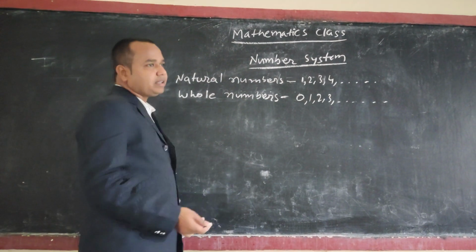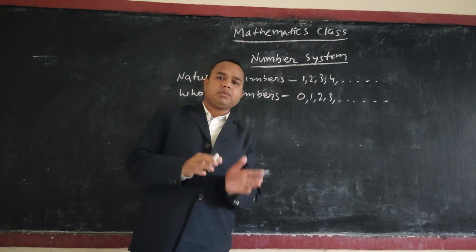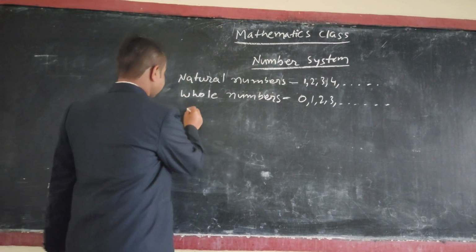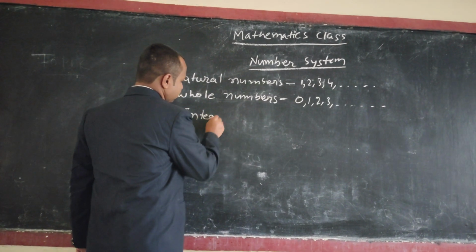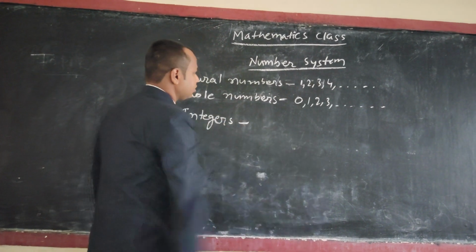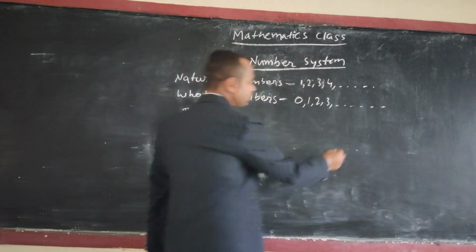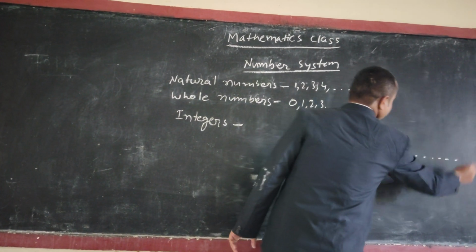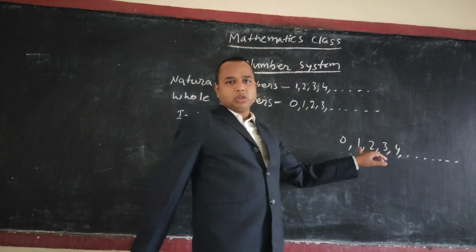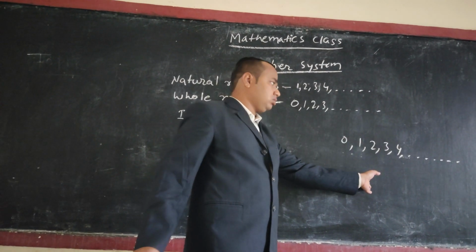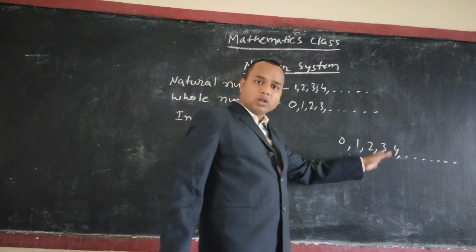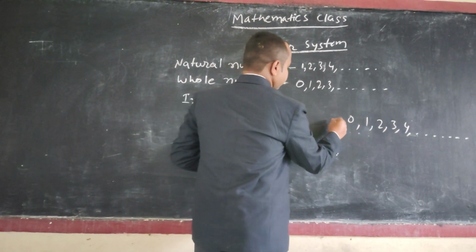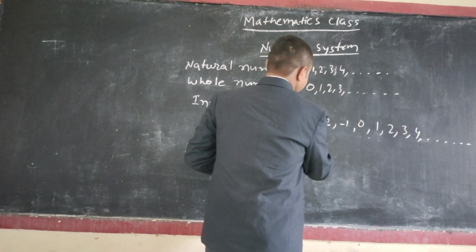Then we know that there are positive numbers as well as negative numbers, like integers. We know 0, 1, 2, 3, 4, dot dot dot. On the right side of 0, there are infinitely many natural numbers, and in the same way on the left side of 0, there are infinitely many negative numbers.